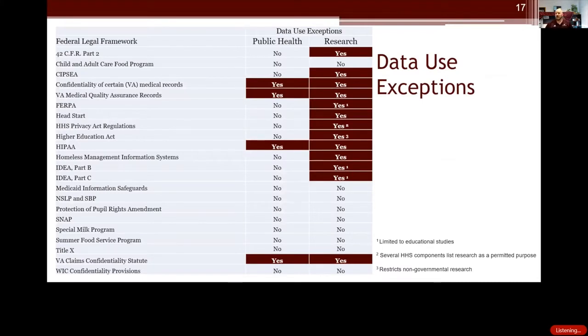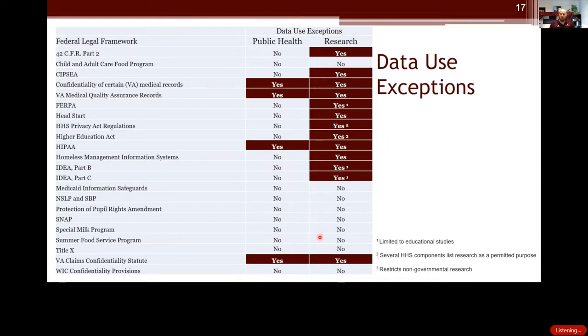Now, as I mentioned previously, many laws have exceptions to their general rules. And what you see here are at least two exceptions that are important with regards to population health. First is the disclosure for public health activities, which you see is kind of a rare exception in these roughly 24 laws that we have here.